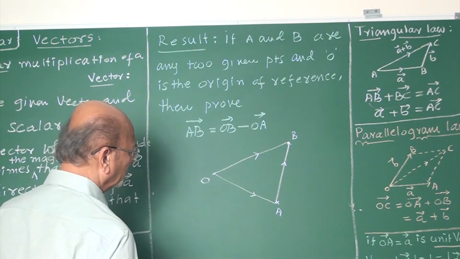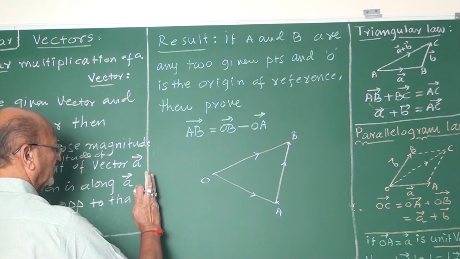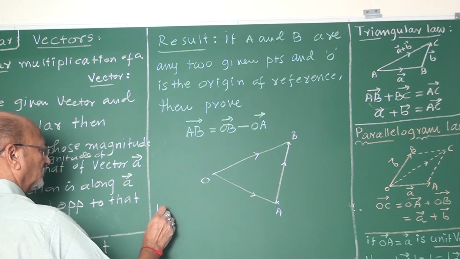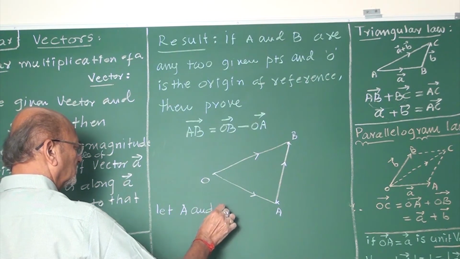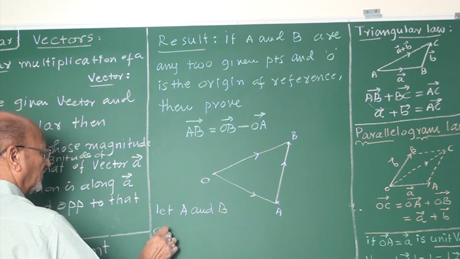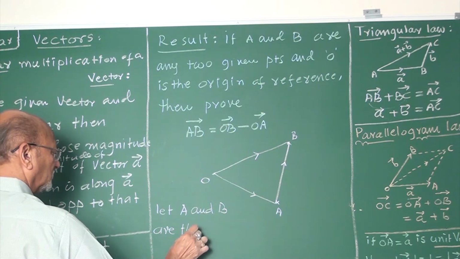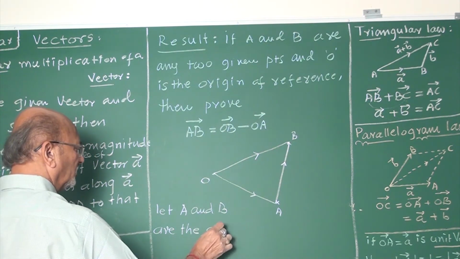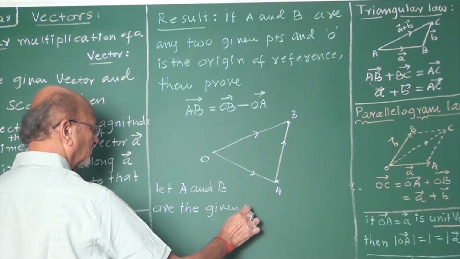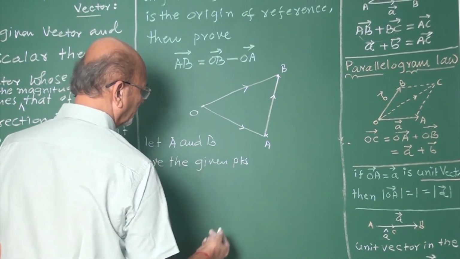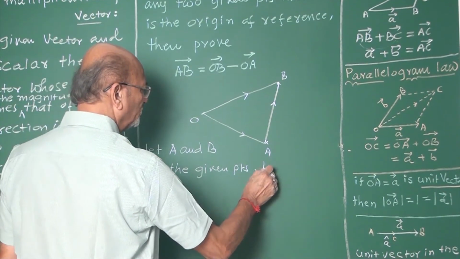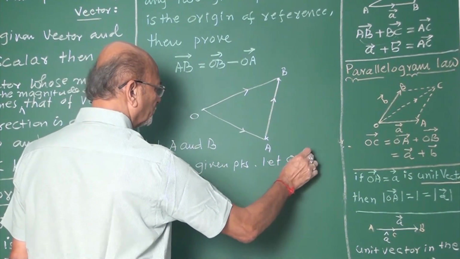Let's write the same. Let A and B be the given points. Join AB, AB is the vector. Let O be the origin of reference.